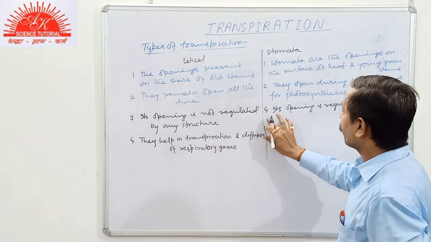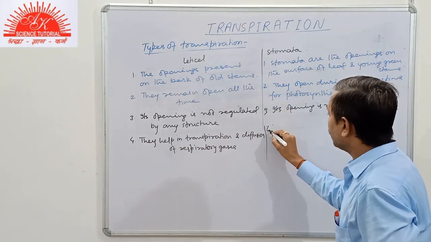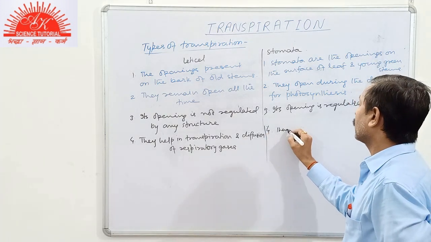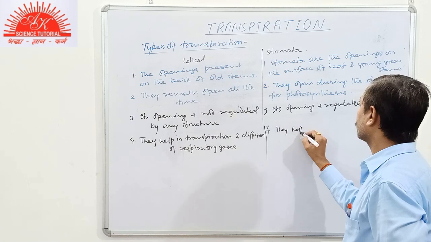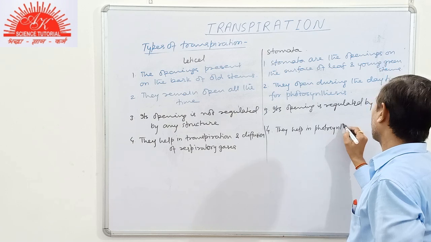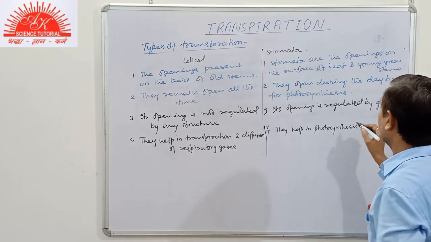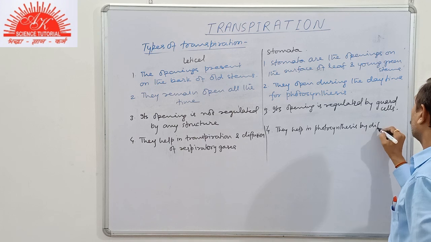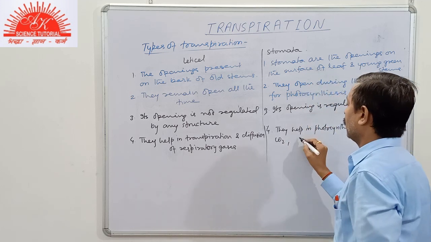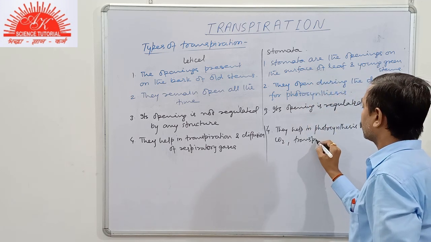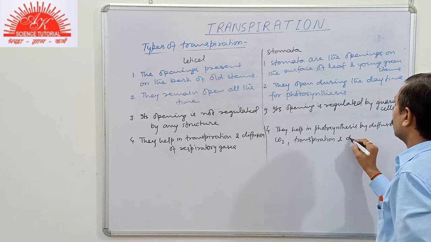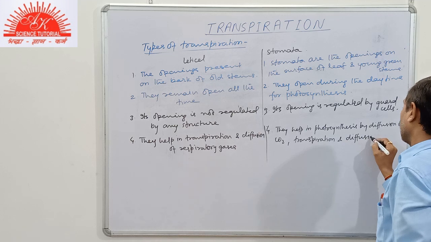Here you see, photosynthesis also takes place. So they help in photosynthesis by diffusion of CO2, transpiration, and diffusion of respiratory gases.